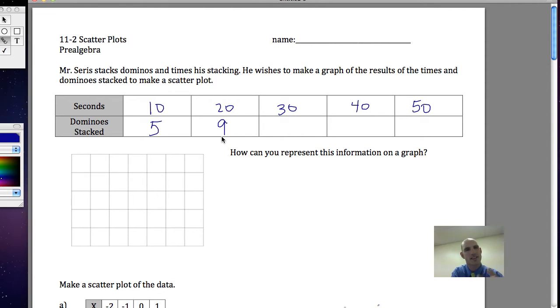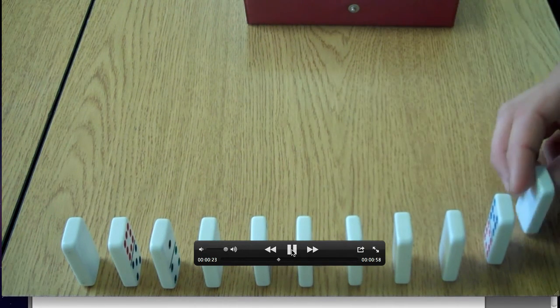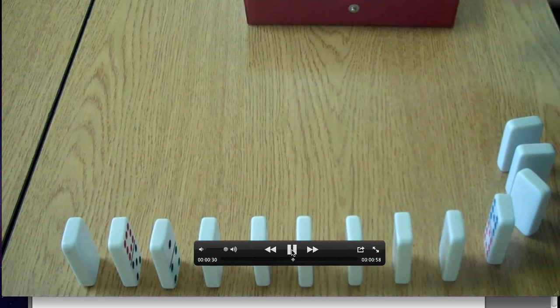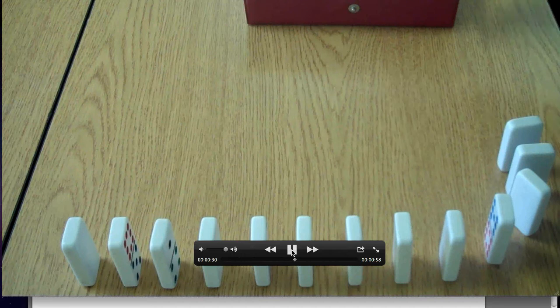Let's watch the next little bit and see how many I had stacked after 30 seconds. How many did I have stacked after 30 seconds? After 30 seconds, I had 13 stacked. Let's watch the next little bit. Let's see after another 10 seconds if the pattern still keeps going.